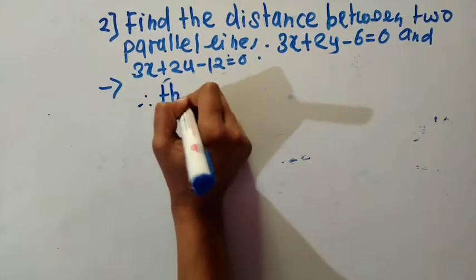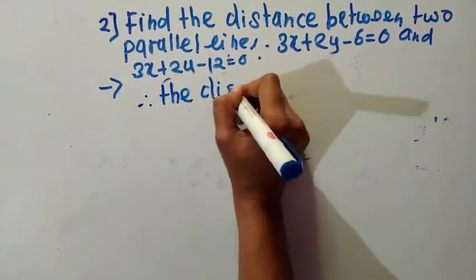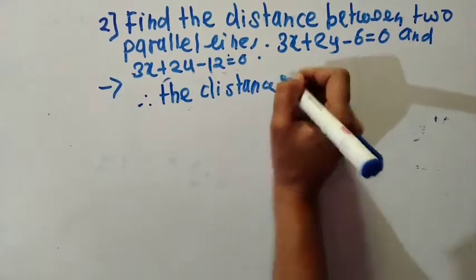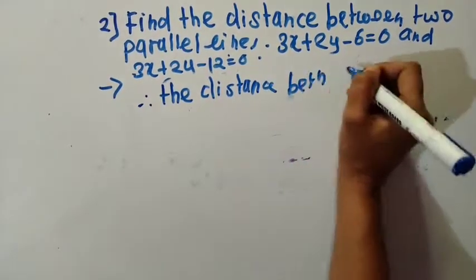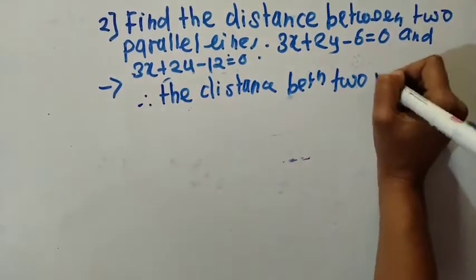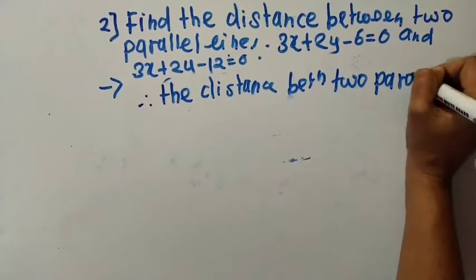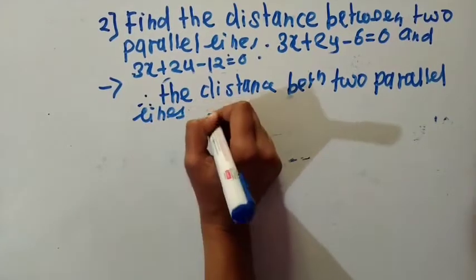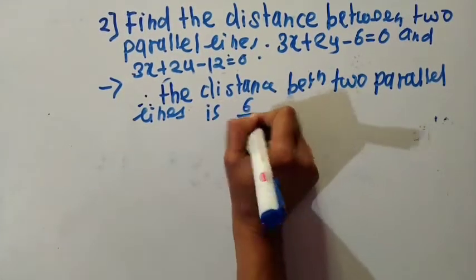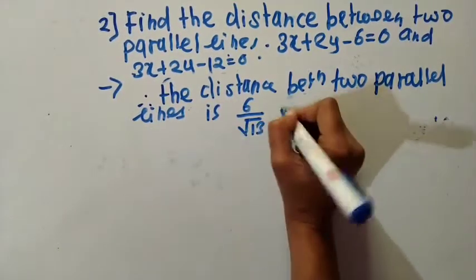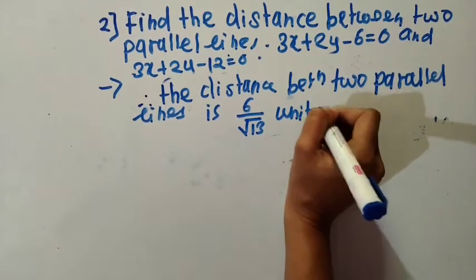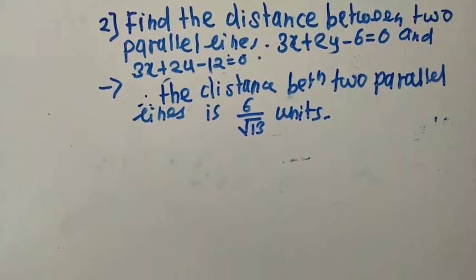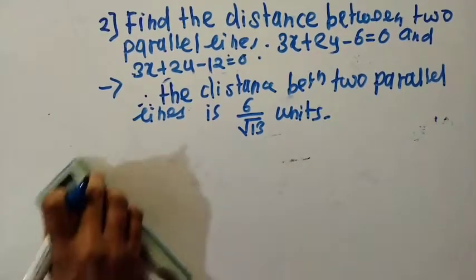Hence, the distance between two parallel lines is 6 upon root 13 units. Then we take the third example.